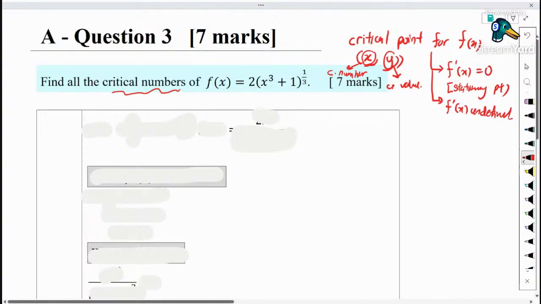As a result, you need to begin your solution by finding the first derivative. Therefore, we find our first derivative by using the power rule.